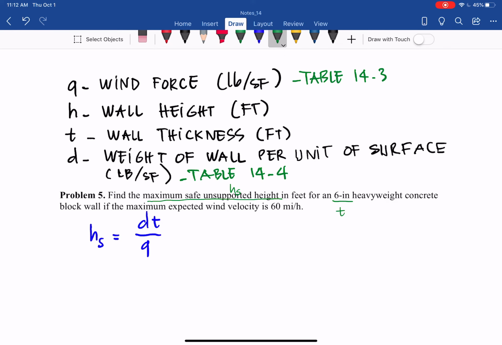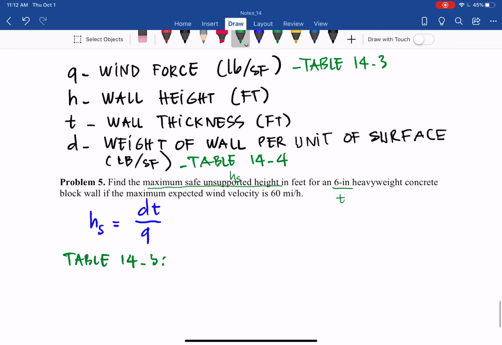With that, we go to table 14.3 with the velocity of 60 miles per hour.